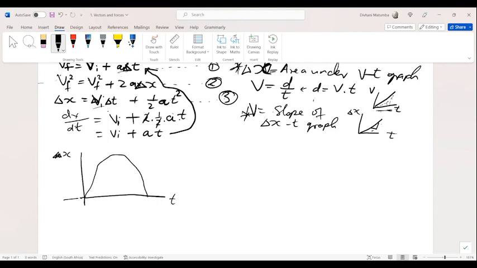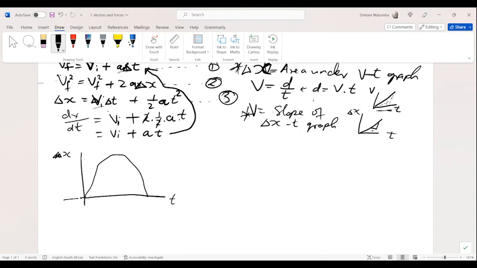So this is how your typical displacement time graph will look.